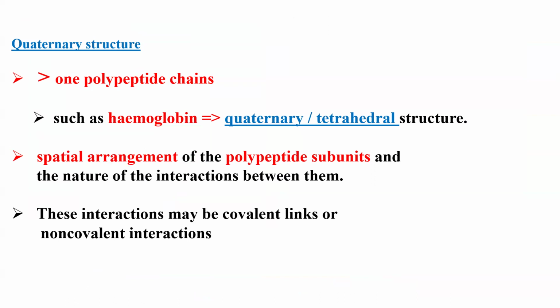Then for the quaternary structure, we are talking about more than one polypeptide chain, such as hemoglobin. Hemoglobin is at its quaternary structure, which is the spatial arrangement of polypeptide subunits and the nature of the interaction between them. These interactions may be covalent links or non-covalent interactions.